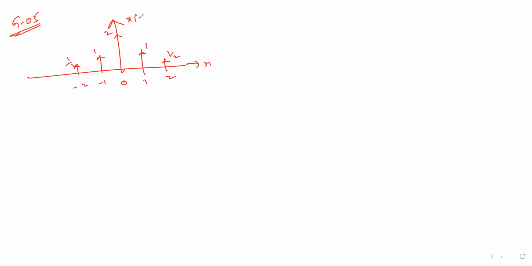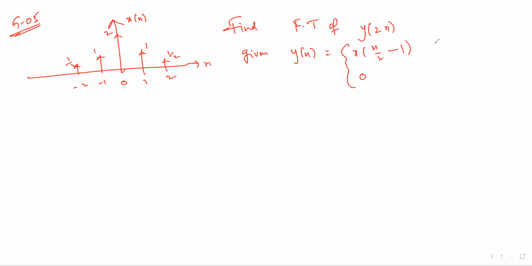This is a given signal x of n. A sequence x of n has non-zero values as shown in the figure. Then find the Fourier transform of y of 2n, given y of n is equal to x of n by 2 minus 1 when n value is even.